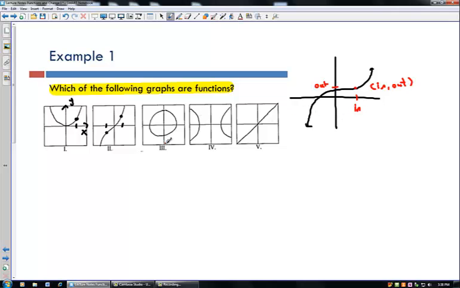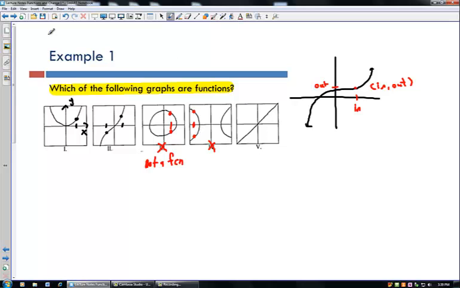Number 3 is a first example where it is not a function. The idea is if you put one thing in, you do get something out, but you don't just get one thing out, you get two things out. So this is not a function. Same thing in number 4, it's not a function, because again, looking over this side, you put something in here, you don't get one thing out, you actually get two things out.